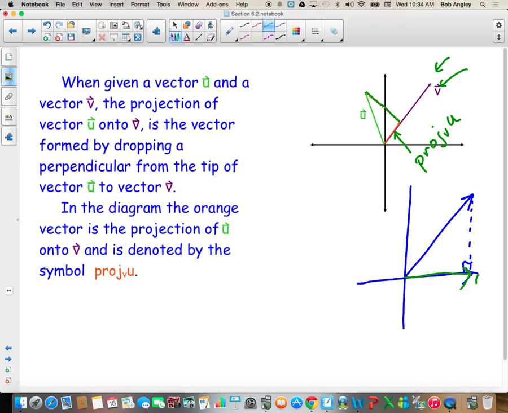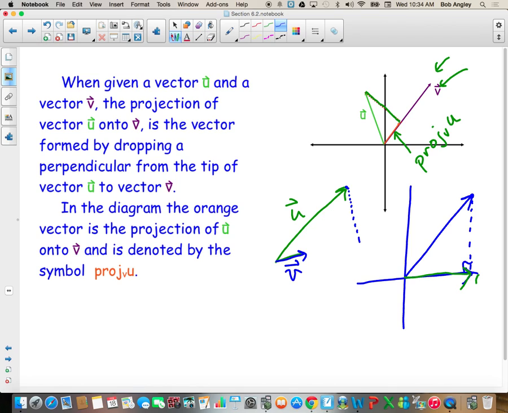Suppose that this was vector u, and then let's suppose that right here, this vector is vector v. Now, if I do the projection this time, I've got to start right here, and I've got to drop a perpendicular down to where it would meet this.